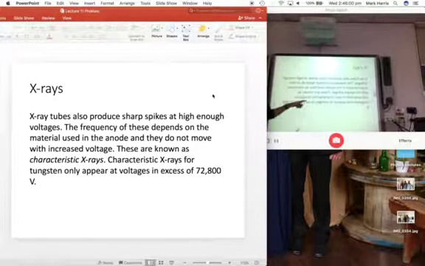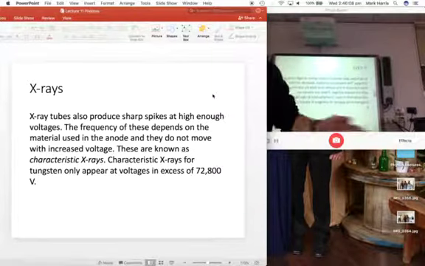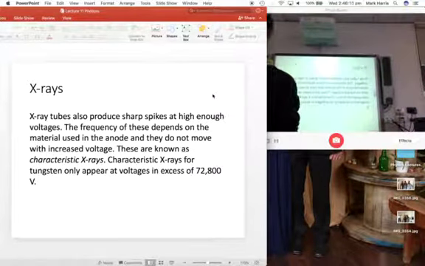For example, tungsten, you need 72,800 volts to get them. However, I could give you a whole series of metals in X-ray devices. You could detect these characteristic X-rays, and you could use them to determine what metal you had. Just cool.